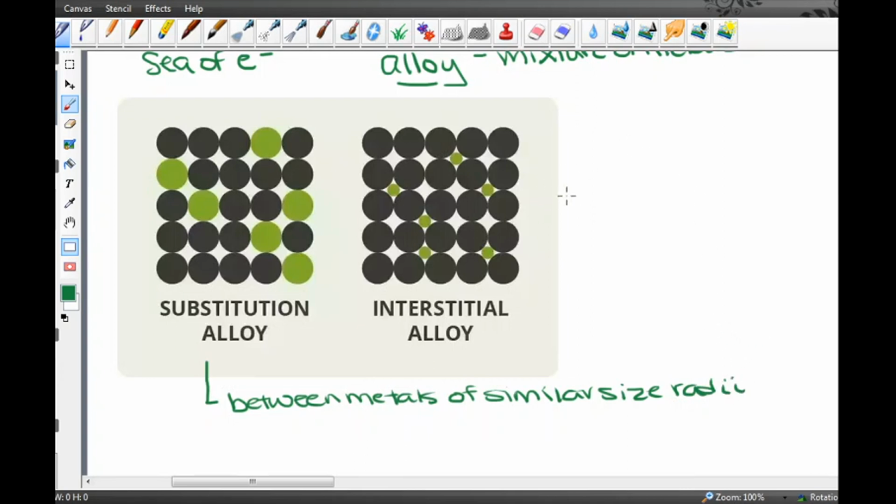Okay. An interstitial alloy is if you mix together metals where one is much smaller than the other. Where one radius or atom, you know, I'm always talking about the atoms here, obviously, where one radius is much smaller.